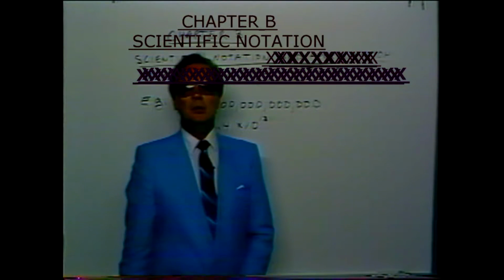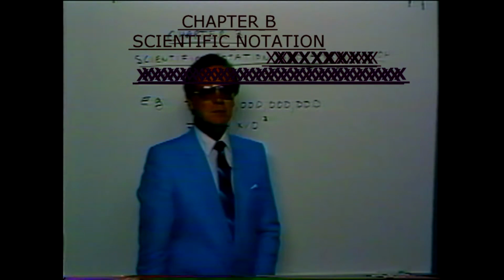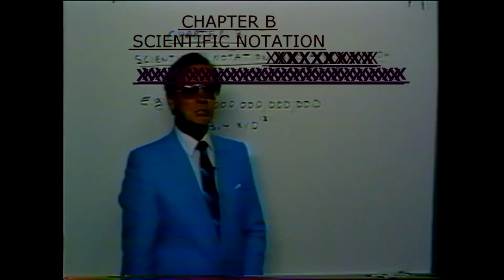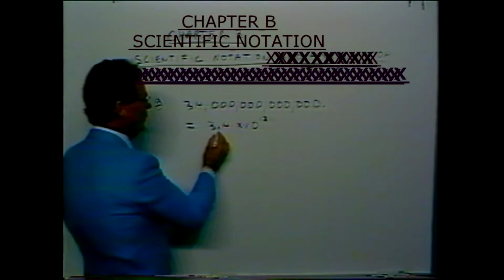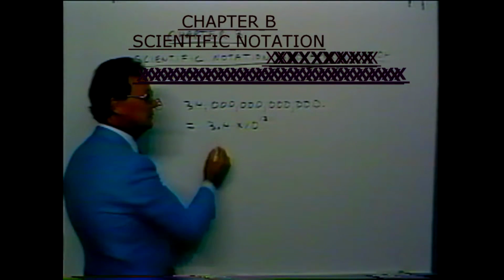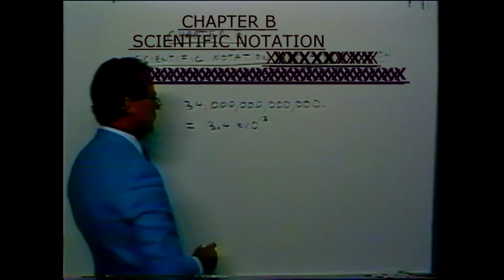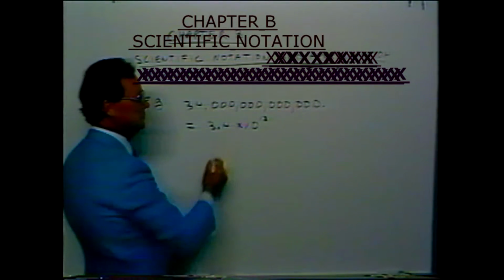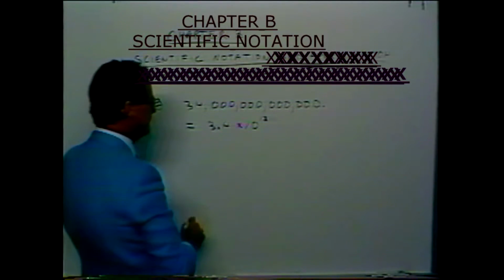Notice several components of this expression. The decimal point is shifted from its original position to a new position between the 3 and 4. The 3.4 portion of this expression is called the scientific factor.